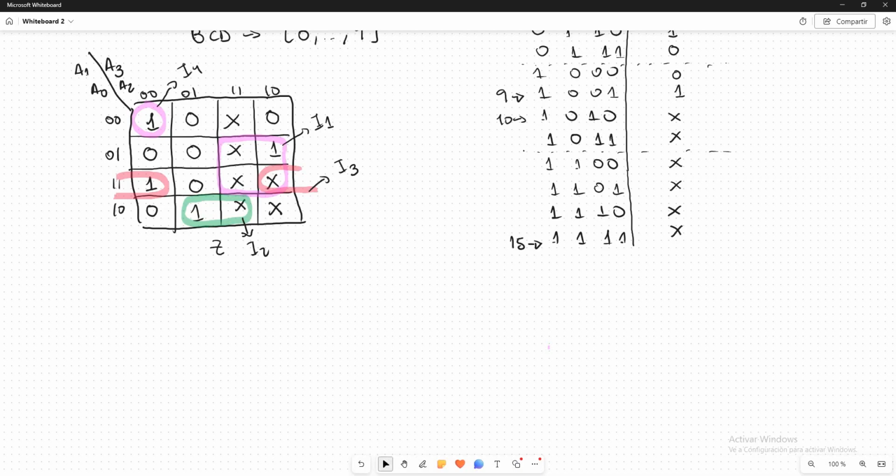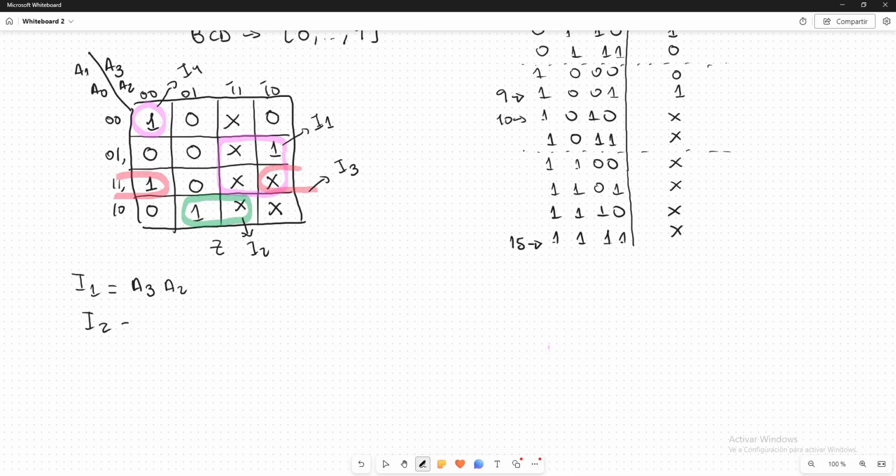So we are going to translate the allowed groups of 1s into product terms. Implicant 1: the variable that doesn't change in the columns is A3, that is not negated because it's 1. And in the rows, A2 that is not negated because it's 1.